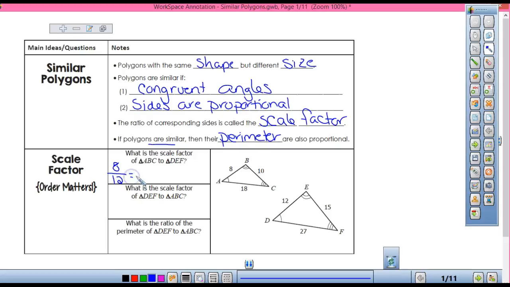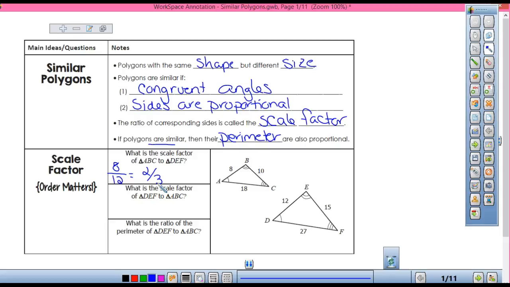My scale factor is going to be 8 to 12. Make sure you simplify to 2/3. There you go. So that's AB, right? Because ABC is the smaller triangle, so we're going this guy to this guy.